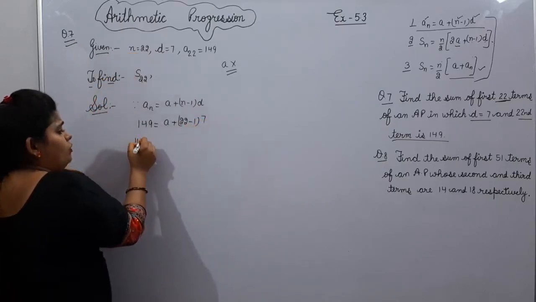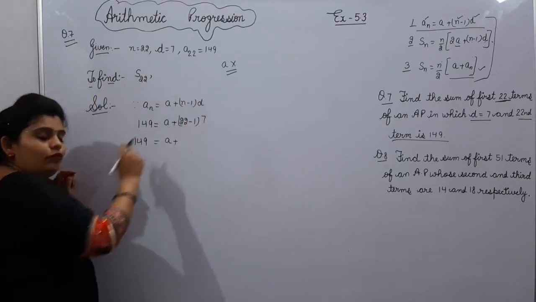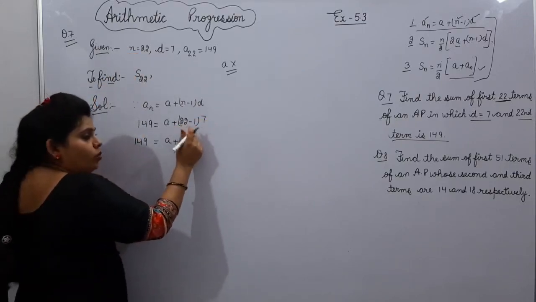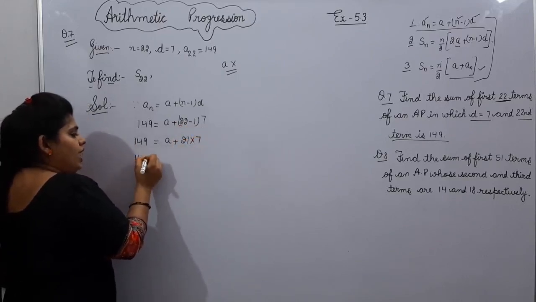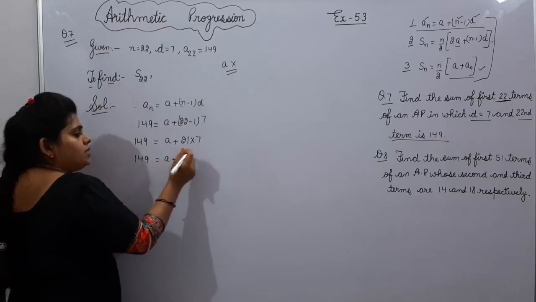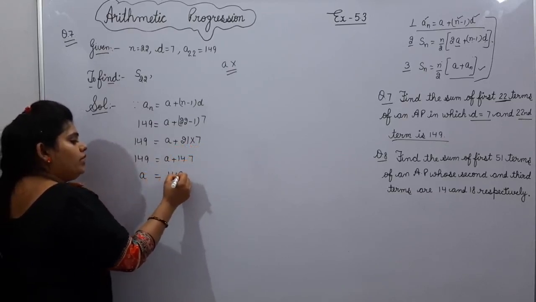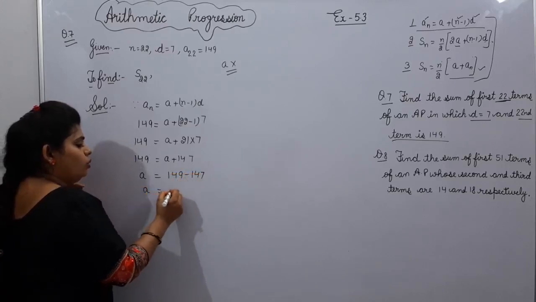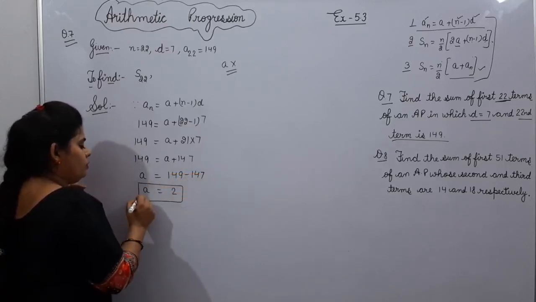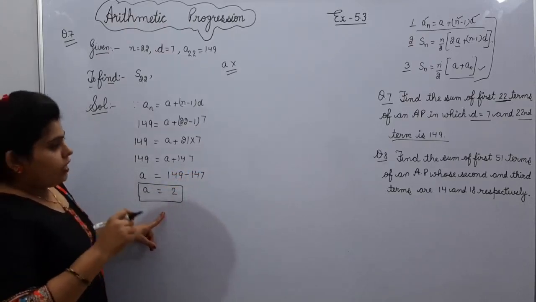Now 149 is equal to a plus 21 into 7. 7 ones are 7, 7 twos are 14, so 147. Now a will equal 149 minus 147, and a will equal 2. So from here we get the value of a, our first term of the given AP.